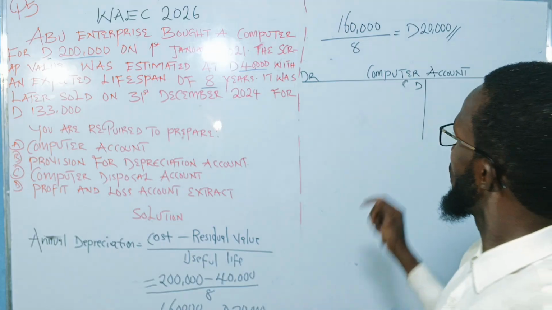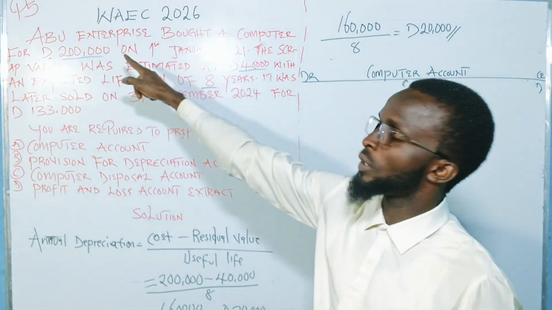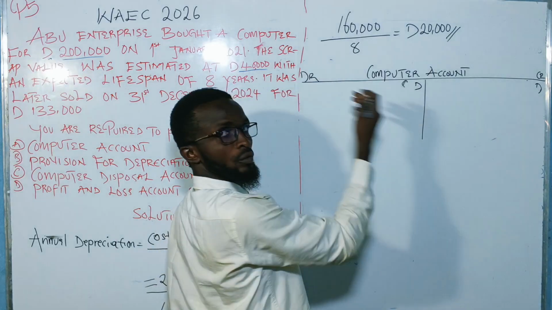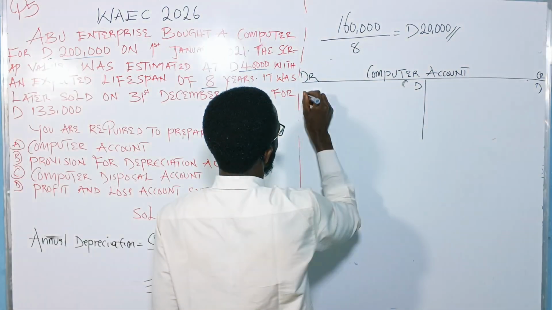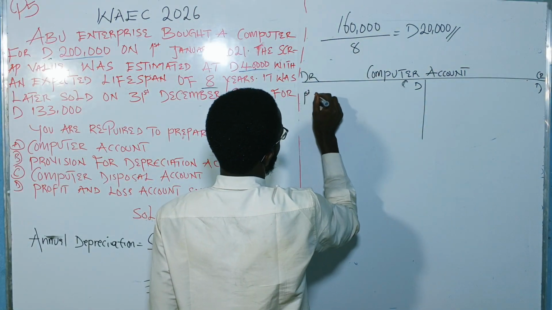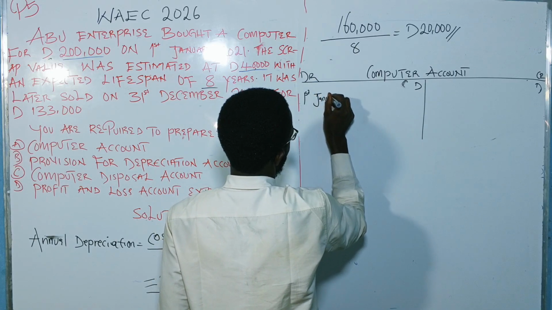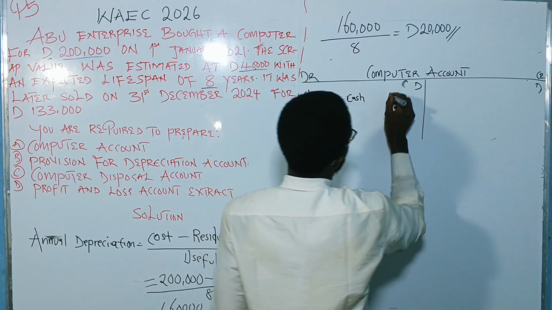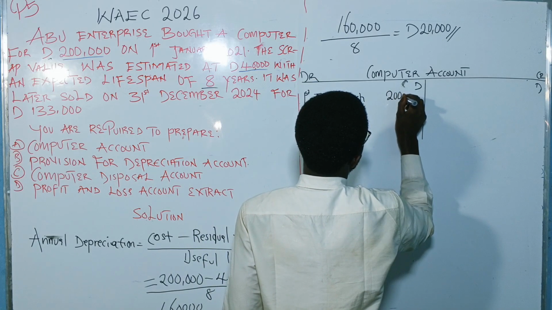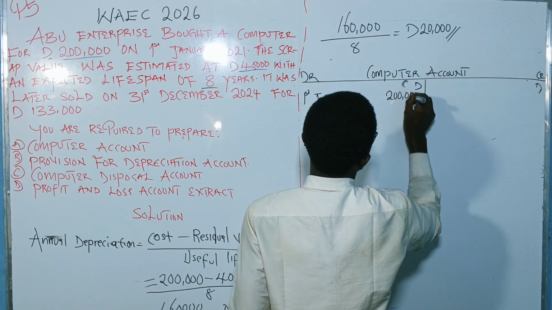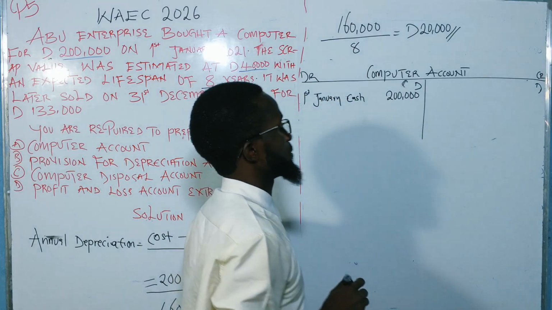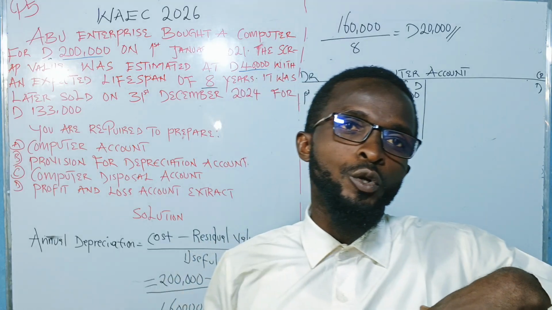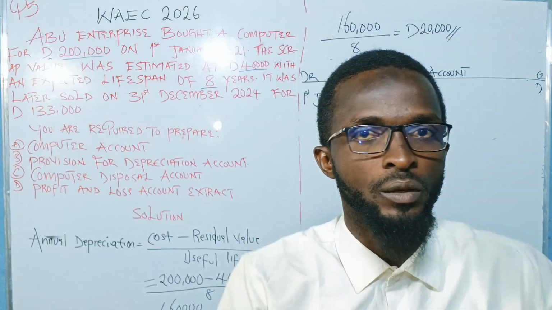Here, we bought an asset on 1st January for $200,000. So, on 1st January, come and record it, because debit what comes in, asset comes in. Come on, debit 1st January, let's say cash, $200,000.